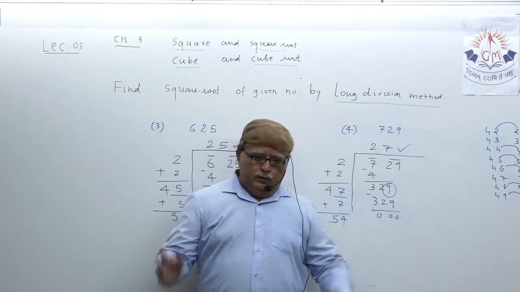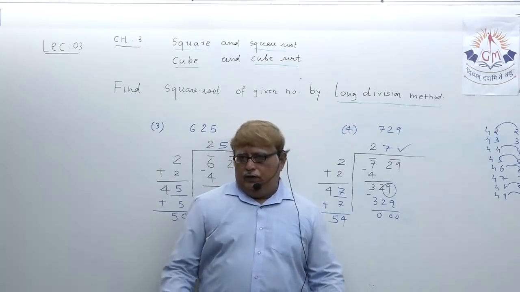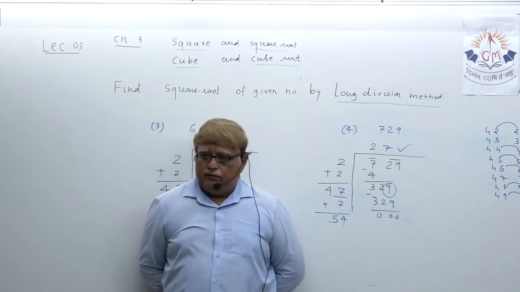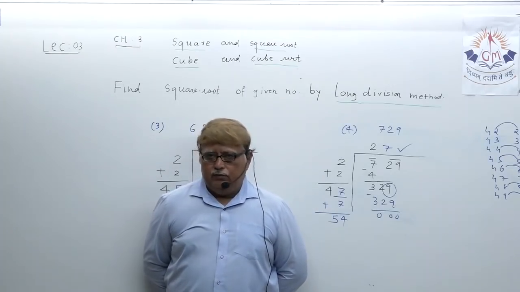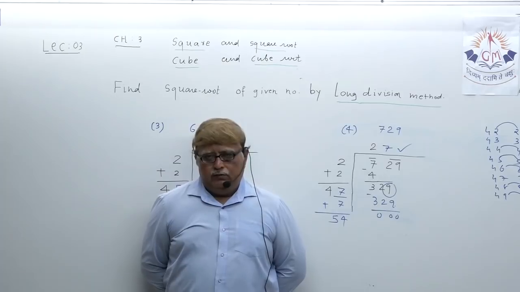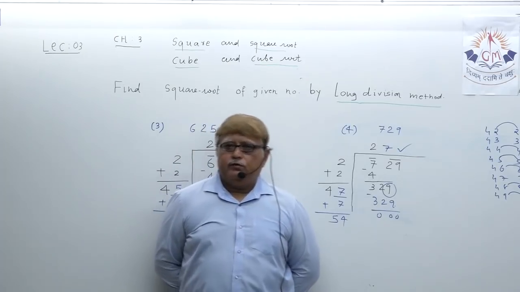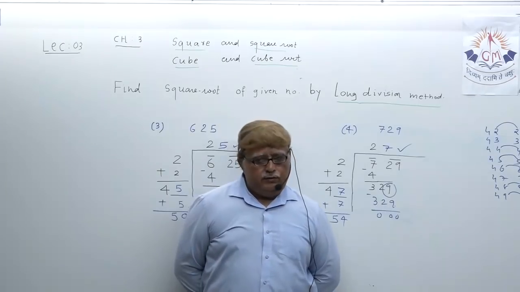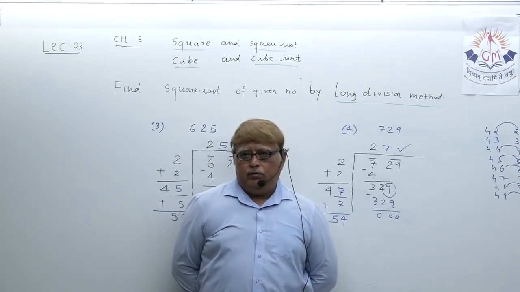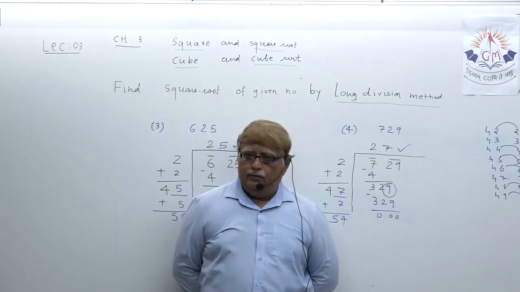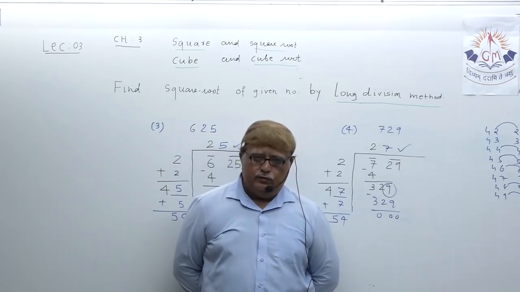Okay. So my dear student, before we end today's lecture, let us have a summary. Lectures 1 and 2 were specially dedicated to understanding the concept of square and square root and to find square root by the prime factorization method.